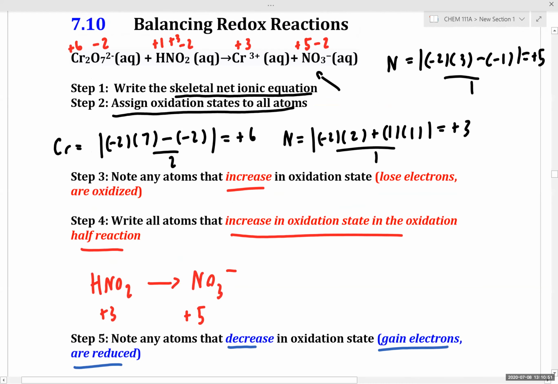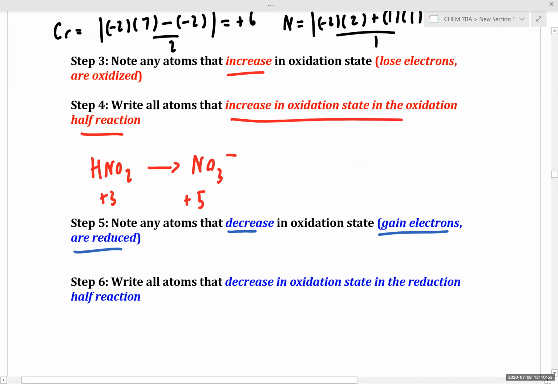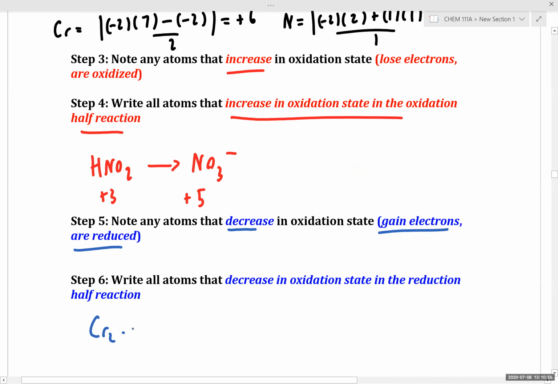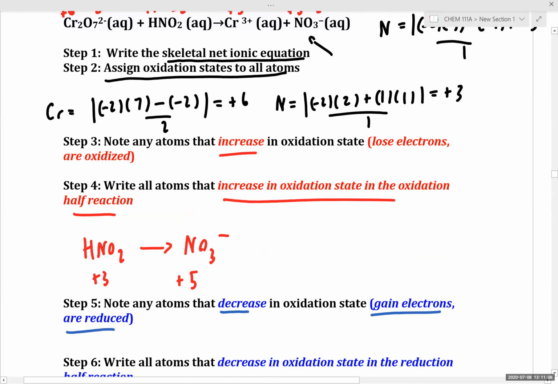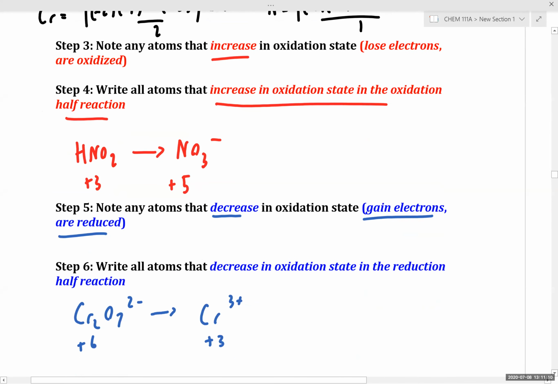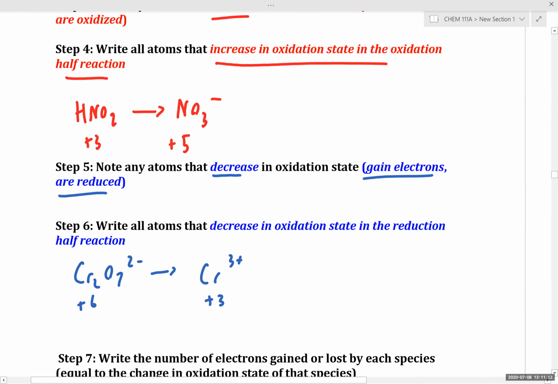Okay, so with that established, let's just write out chromium. So we have Cr2O7 2-, leading to chromium 3+. So we went from +6 to +3. Don't worry, these are just the rough skeletal outlines that we're going to take forward in the balancing process.